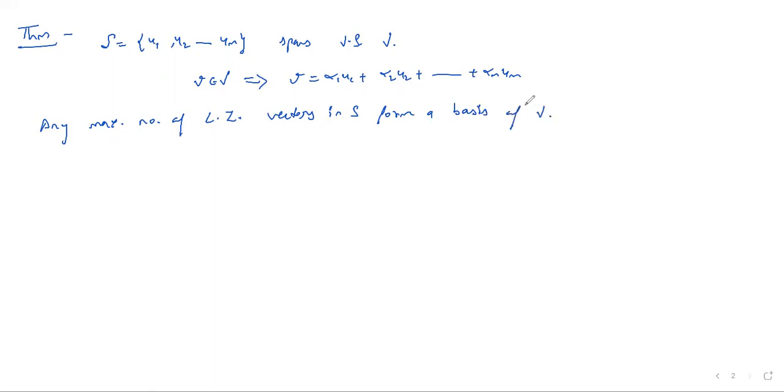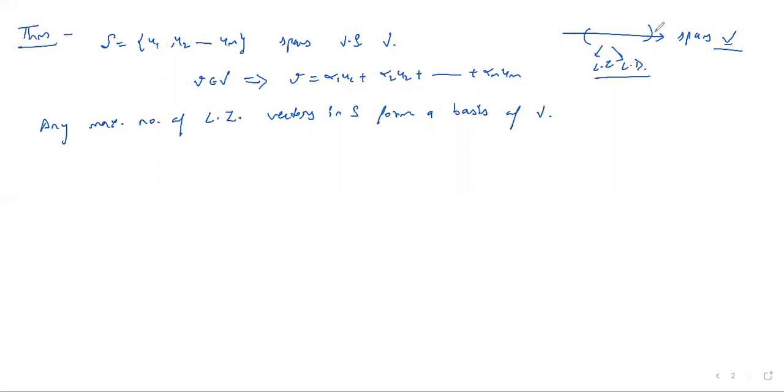Now in this I am saying that I have this set S, which is the generating set of vector space V. Or we can say that this is the set which spans the vector space V, which generates the vector space V. Now from this set there are some vectors which are linearly independent, and there are some vectors which are linearly dependent.